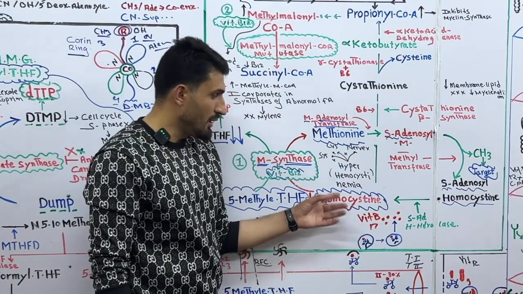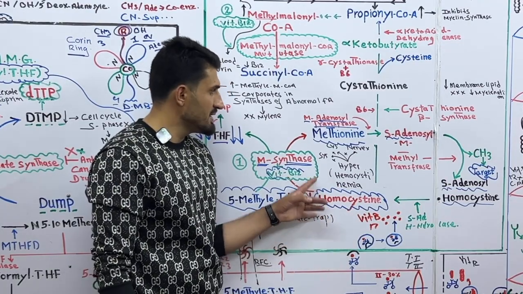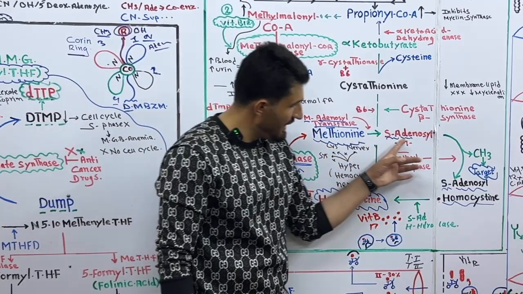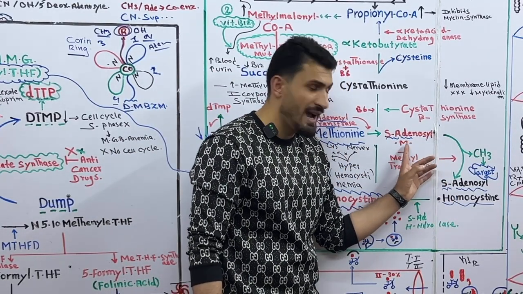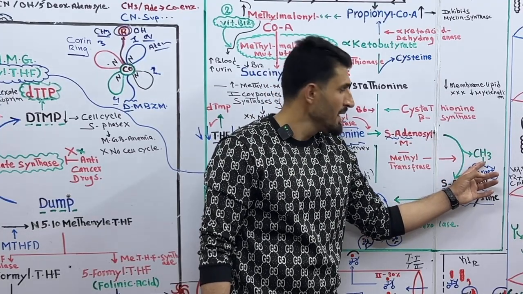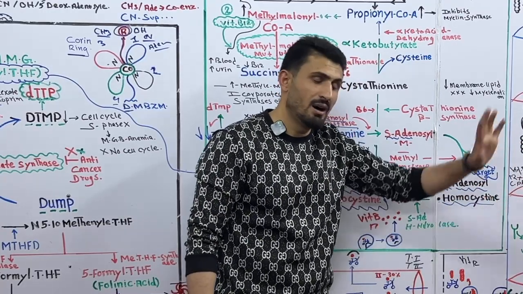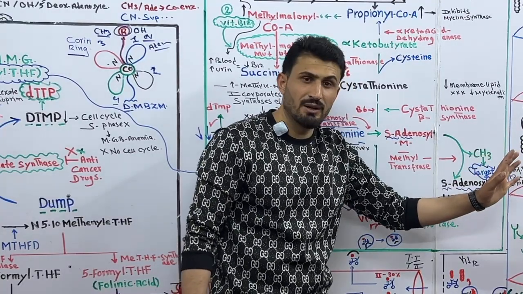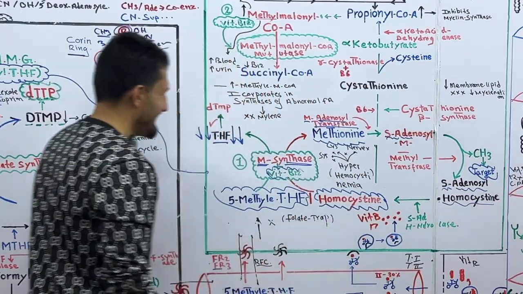In deficiency of vitamin B12, we cannot convert homocysteine to methionine. We cannot make S-adenosyl methionine, and we cannot produce methyl groups in our body, and we cannot process a lot of work in our cells, specifically DNA replication. Got it?